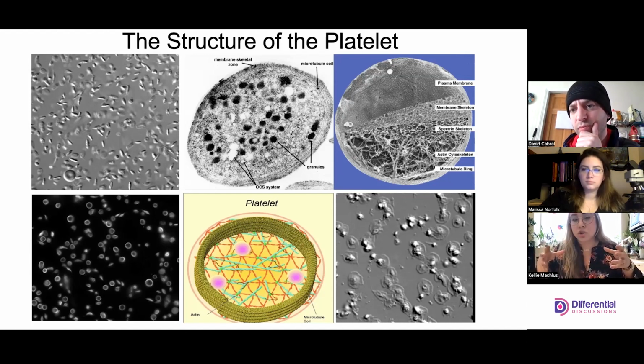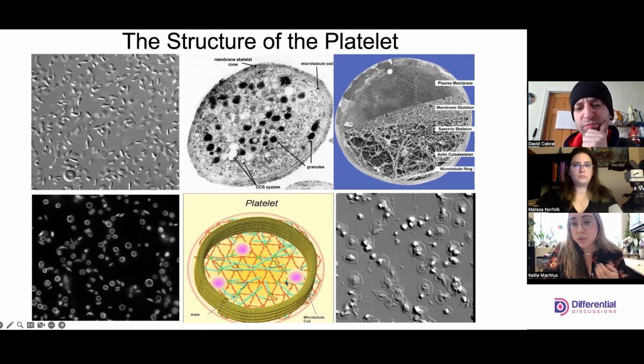If it's too thin, then the platelets can be smaller. If you think of it as a garden hose, it makes sense. So most of the thrombocytopenias have to do with the cytoskeleton, because that's basically what buds off the platelets from the megakaryocytes.